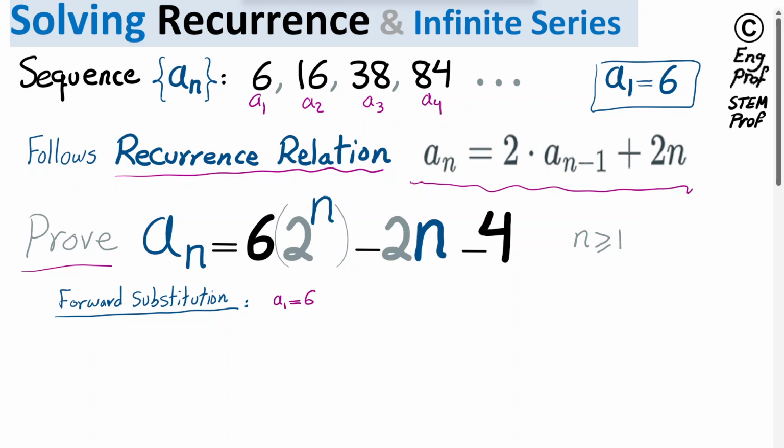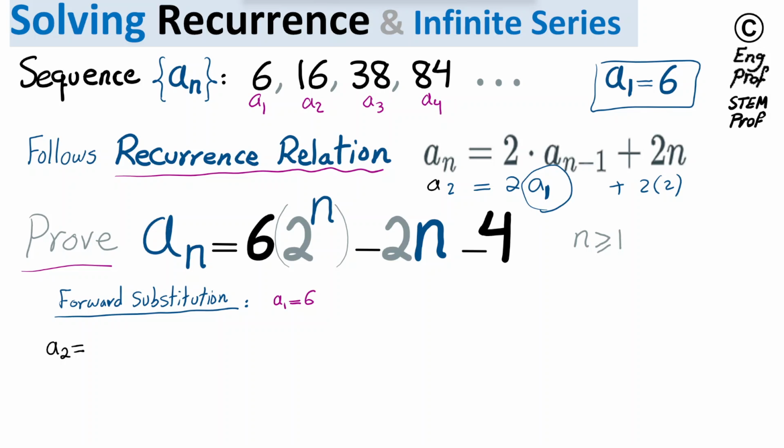So I am going to write a2 equal to, and I just use the formula that is given to me. So a2, when we assume that index is n equal to 2, naturally becomes equal to 2 times a1 plus 2 times 2.